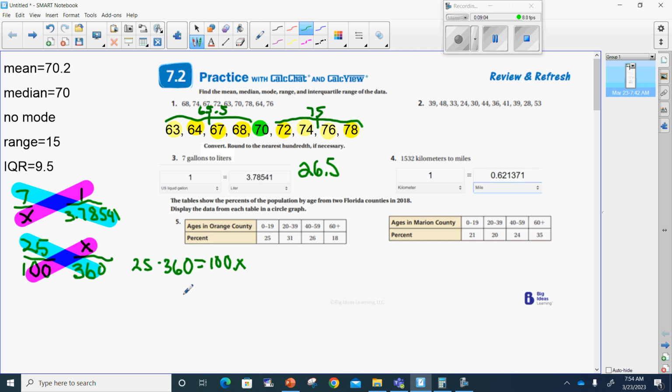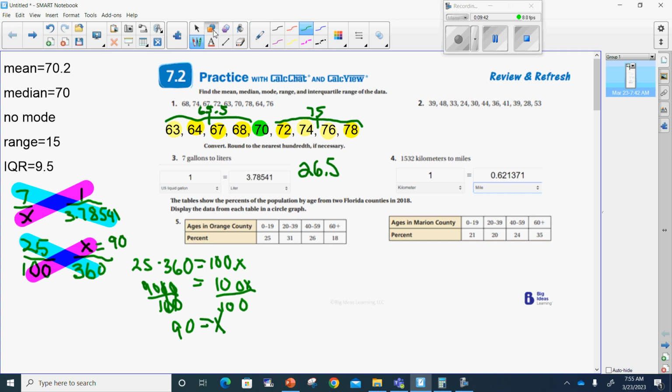I have to multiply 25 times 360, which is 9,000. And when I divide by 100 to isolate my x, I divide 9,000 by 100. I remember that whenever there's a 0 on the top and the bottom, I can cross it out. That leaves me 90 over 1, so x is 90. That means 90 degrees. That was a great number to start off with.